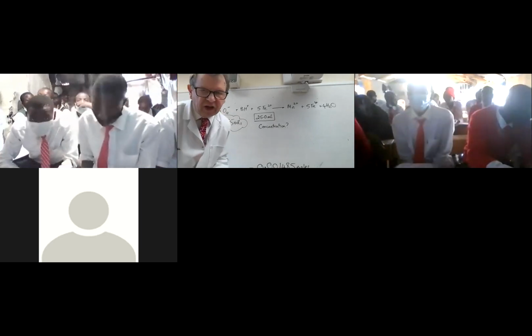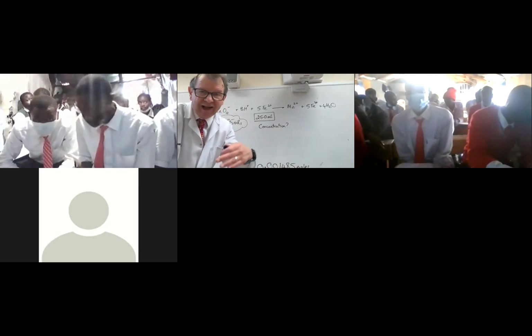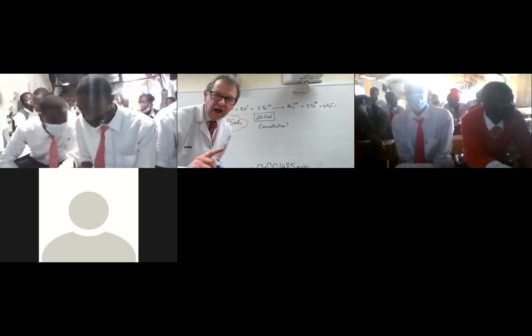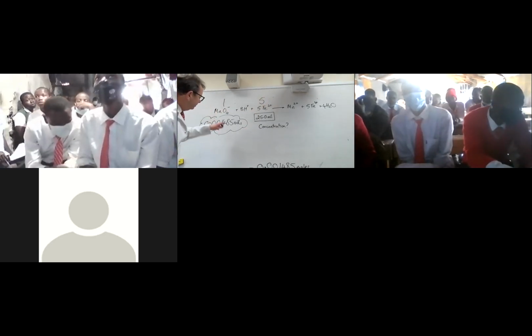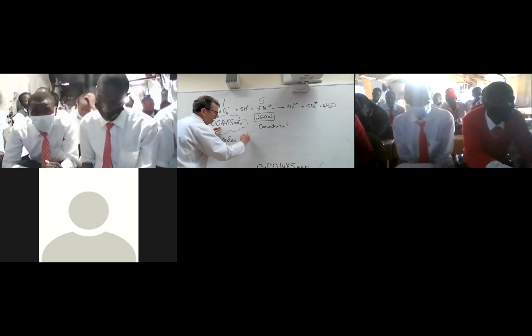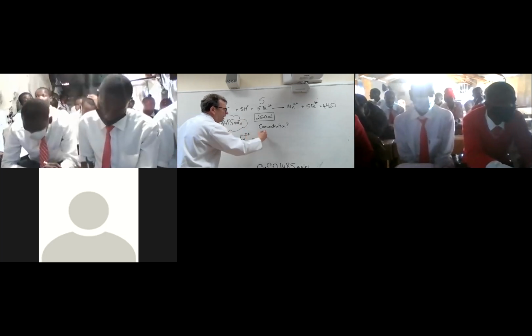So what I have to find now is the moles of iron. To do that, I just look at the equation. The equation says one of these with 5 of those. So one of these with 5 is over there. So the moles of Fe equals 5 times this.